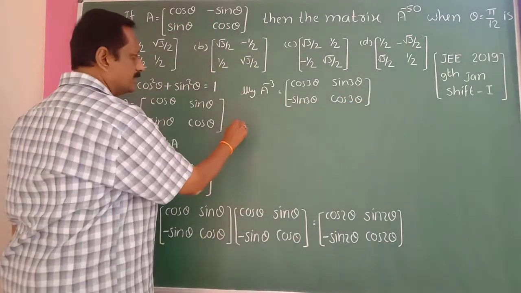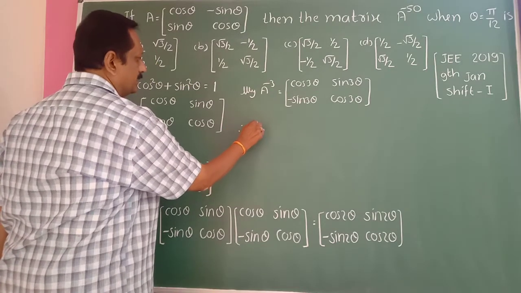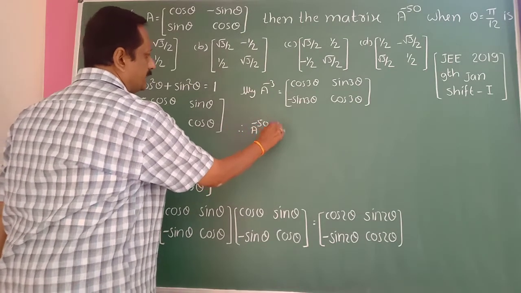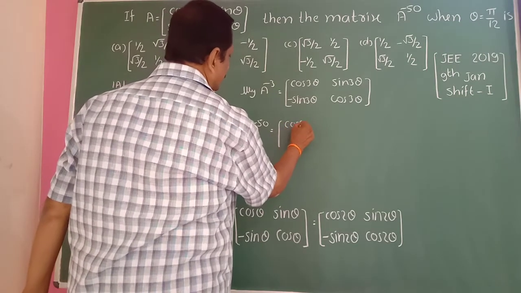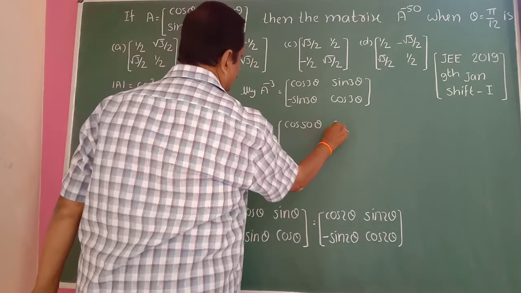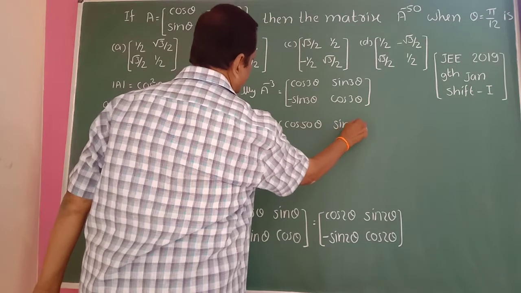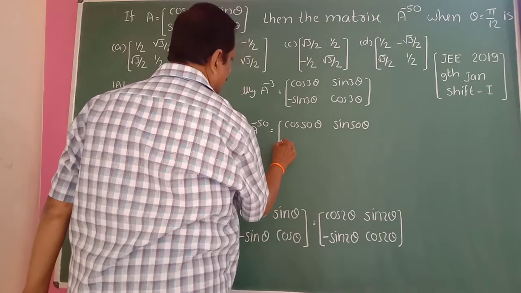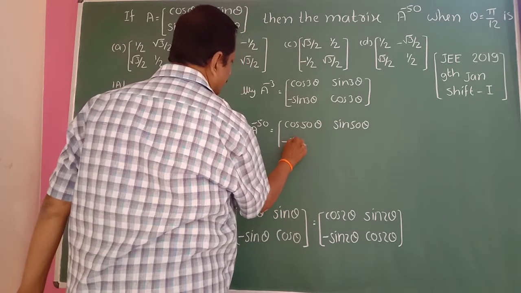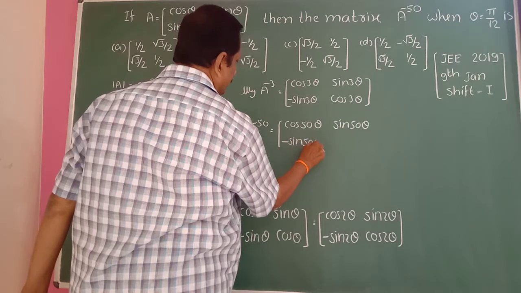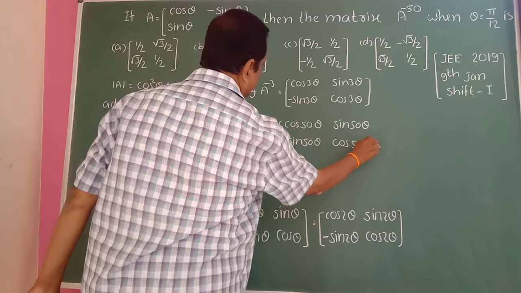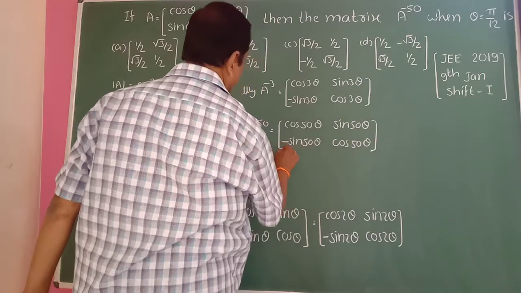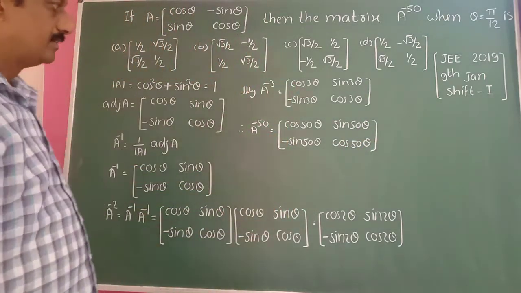Therefore, in general, you can write A raised to minus 50 gives [[cos of 50 theta, sin of 50 theta], [-sin of 50 theta, cos of 50 theta]]. In general, you can continue like this and we get this result.